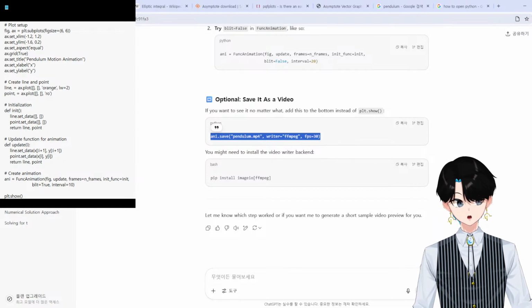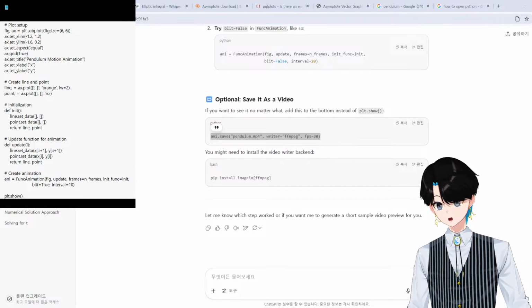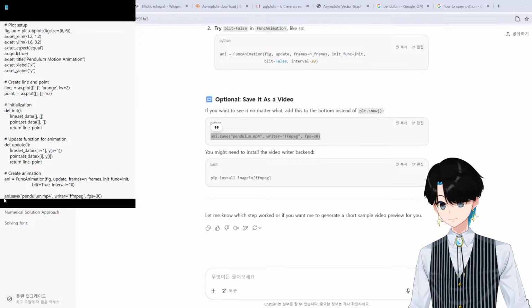Okay, this one in the here. FPS 30. I want a 60 FPS. Hopefully this doesn't turn into a problem.